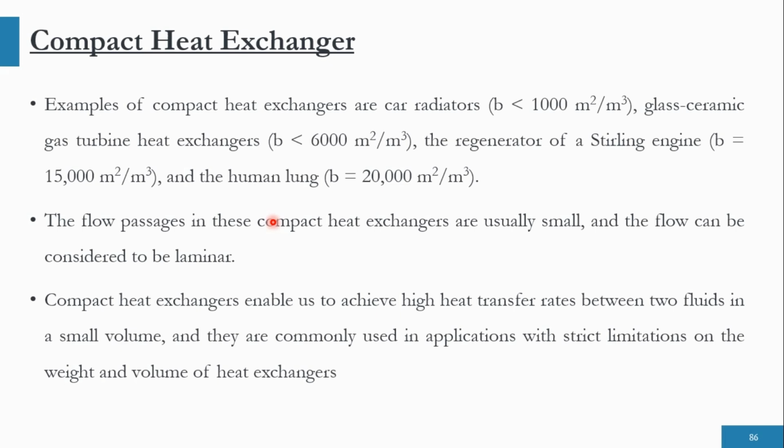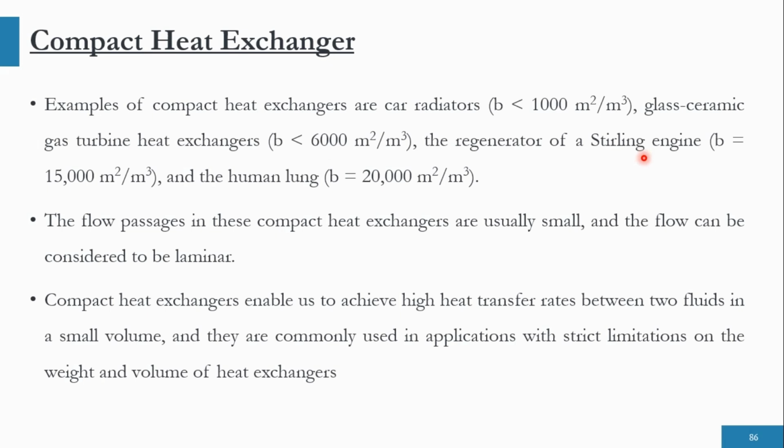Examples of compact heat exchangers from daily life include car radiators, whose beta value is less than 1000 but obviously greater than 700 square meter per cubic meter. Glass ceramic gas turbine heat exchangers have a beta value less than 6000 square meter per cubic meter. The regenerator of a Stirling engine has a value of approximately 15,000 square meter per cubic meter.